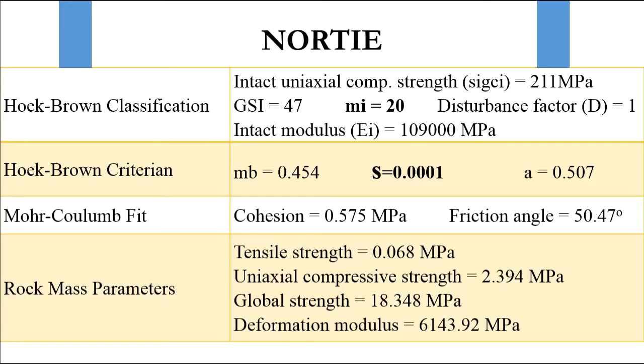Similarly, to calculate the rock mass properties of norite, again we insert the UCS of norite, which is 211 megapascal, GSI is 47, material constant is 20, disturbance factor is 1, and modulus of elasticity is 109 gigapascal.